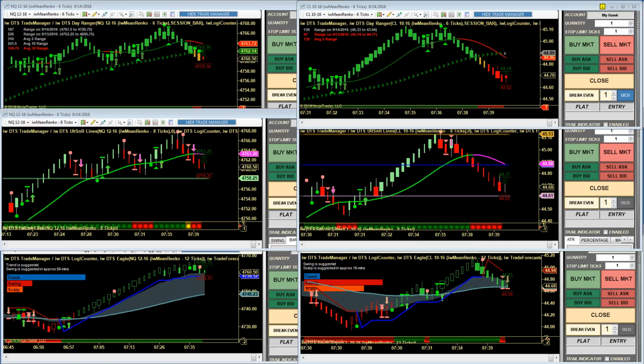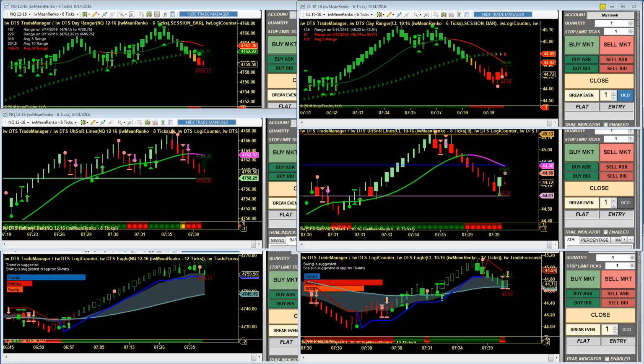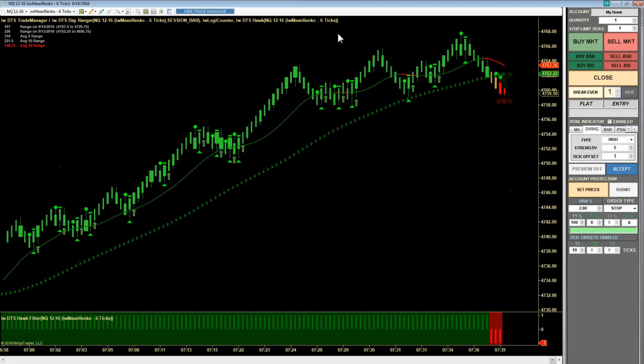But because you know somewhere along the way it's going to reverse, you can't help but look at this and think, oh my goodness, this market has got to be so overbought.